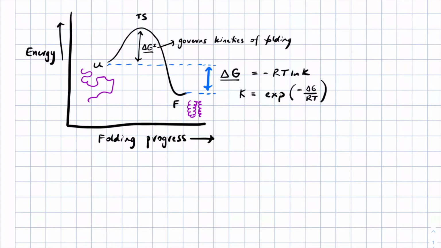Now, in order to use our folding data that we might get from various sources to determine delta G, we need to find a way to deal with how the concentration of the unfolded conformation versus the folded conformation might change as we change the equilibrium constant.